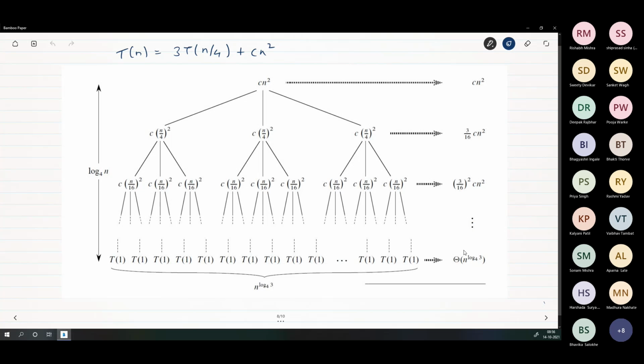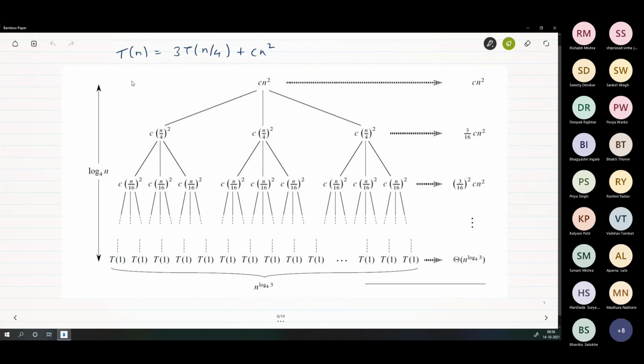Let's see how we get this. At height 1, how many terms do we have? We have 1 term. At height 2, how many terms do we have? We have 3 terms.